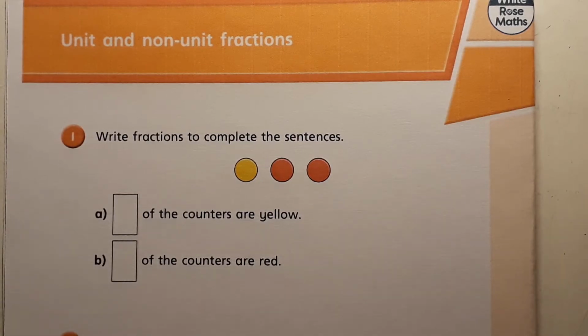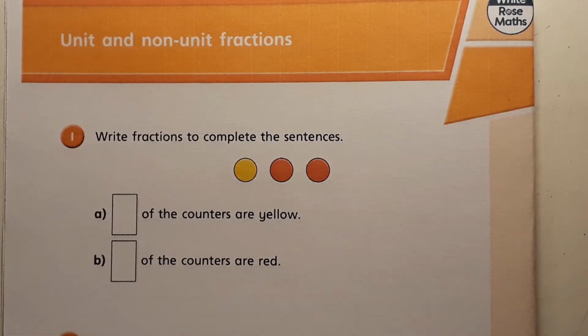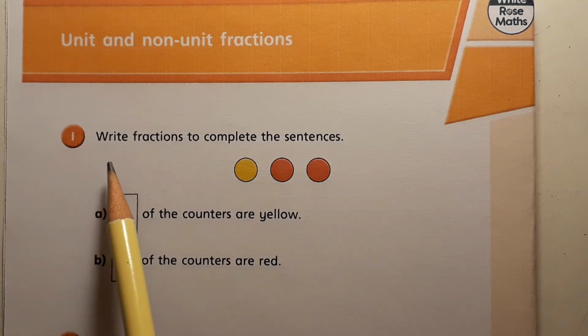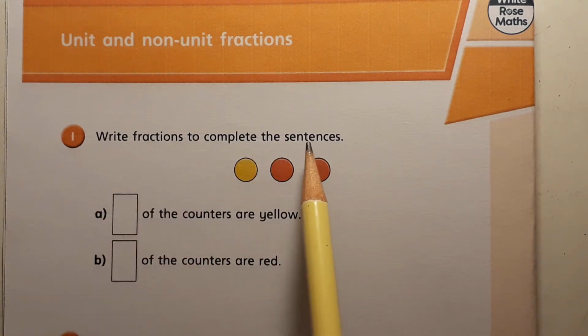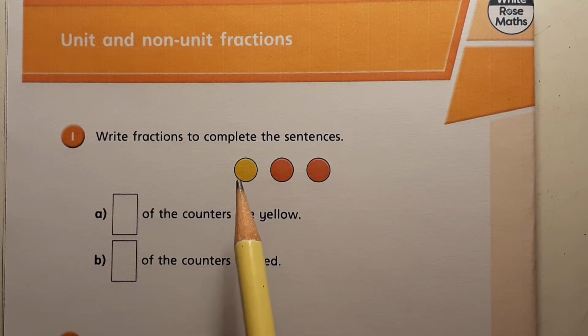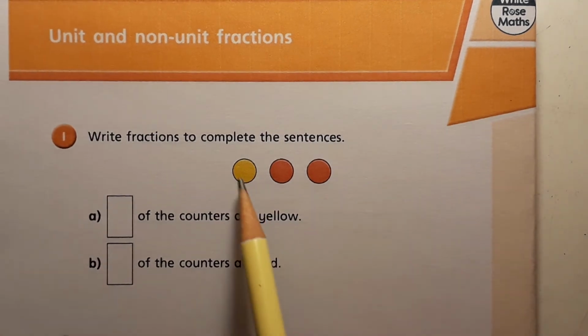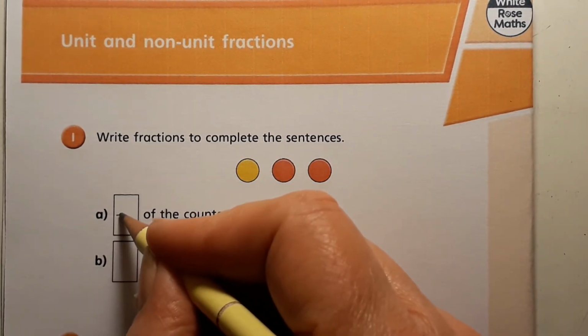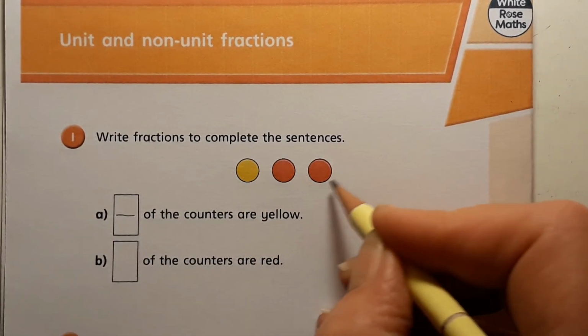So I think all of the first side of the sheet is quite straightforward. For each example, you would write fractions to complete the sentences. If you're writing a fraction, you need the denominator, which is how many parts are in the whole.